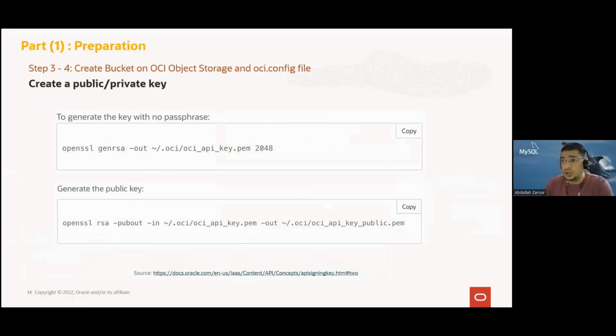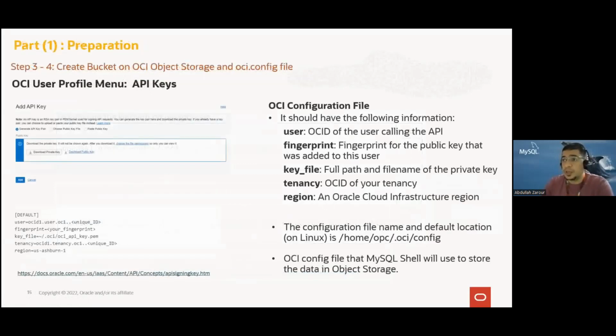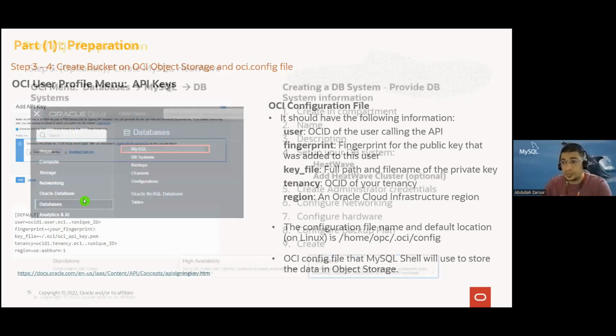After you create a public key and a private key to access the OCI, then I create the API keys, which most importantly is this file, because you want to access the resources in OCI, so you need to authenticate through the API keys. You either download or upload your public key, private key to get this information.